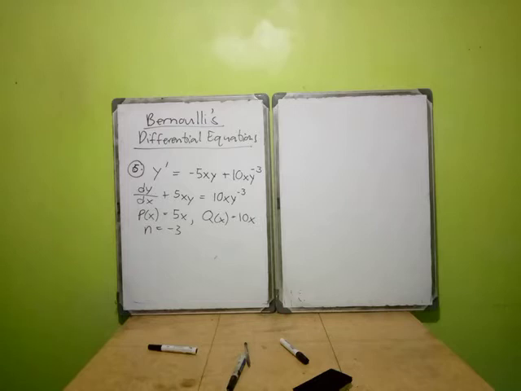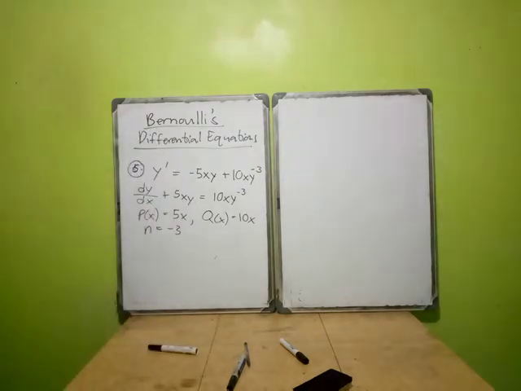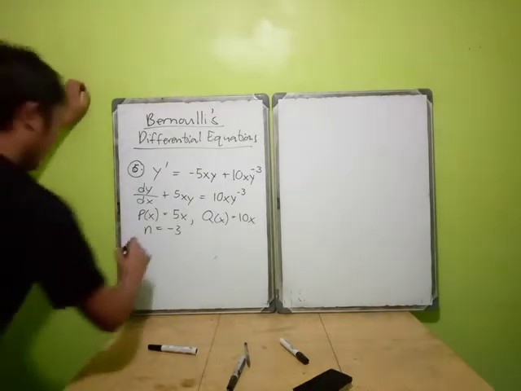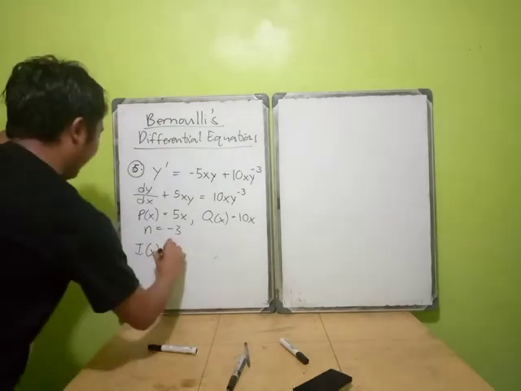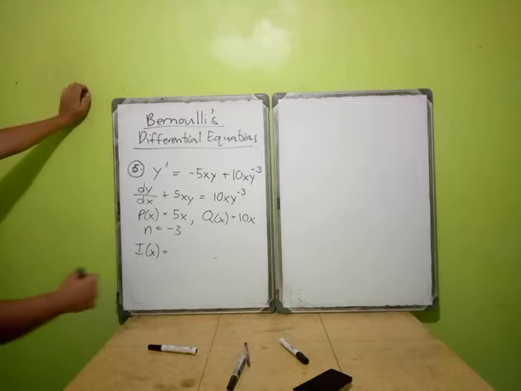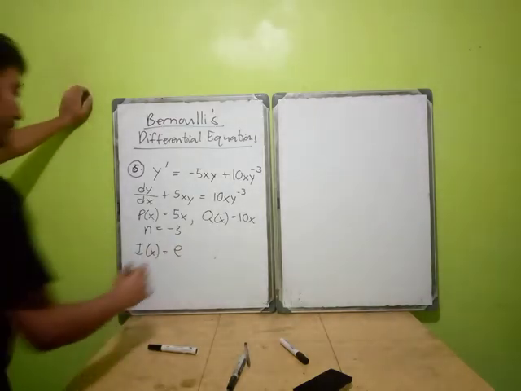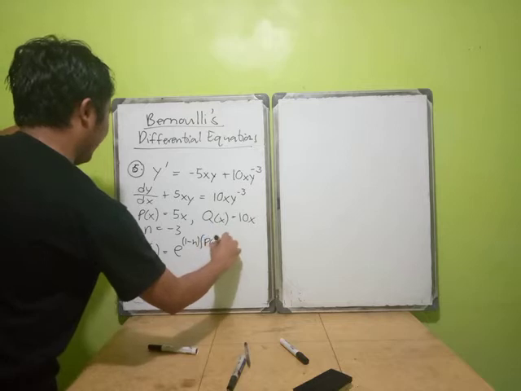Okay. So, we can apply directly. Okay? So that we will know the integrating factor. So, yung I of x natin, okay, is equivalent to e to the power of 1 minus n times p of x dx.